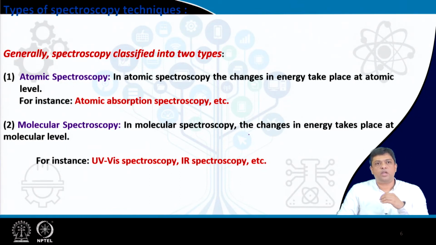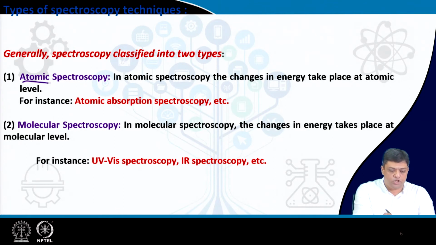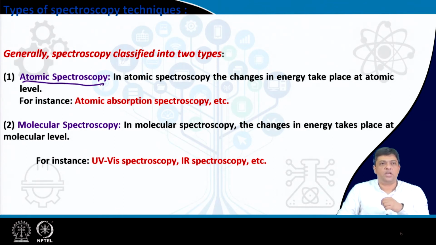Generally, spectroscopy is classified in two categories: atomic spectroscopy or molecular spectroscopy. The earlier was the technique, and now we are understanding in more detail whether you are analyzing at the atomic scale or the molecular scale. In atomic spectroscopy, the changes in the energy take place at the atomic level, and you have a technique called atomic absorption spectroscopy and many others.